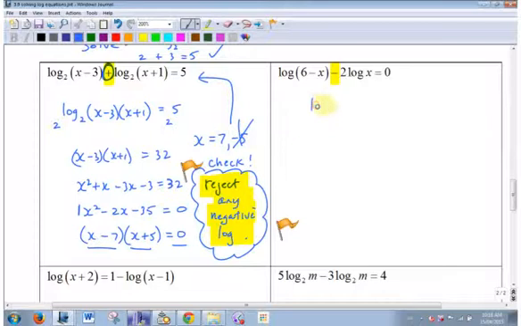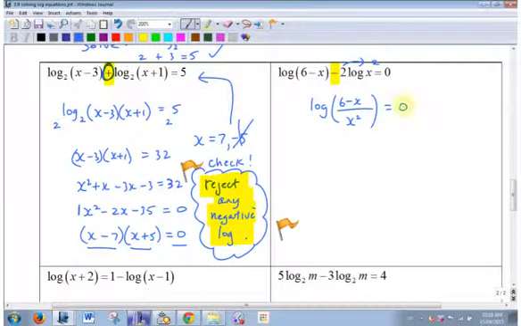Divide that over that. Oh, but I got a 2 there, so that's an x squared. Okay, well, let's just do one bracket. Equals 0.